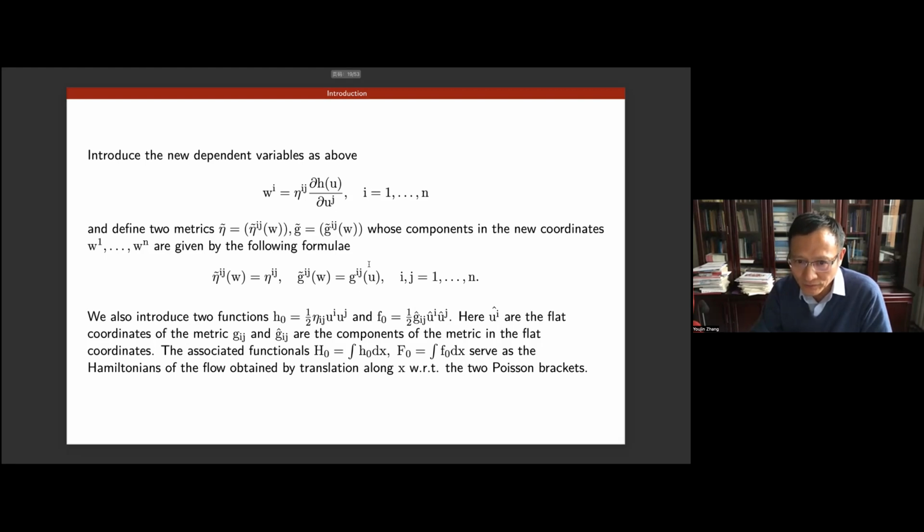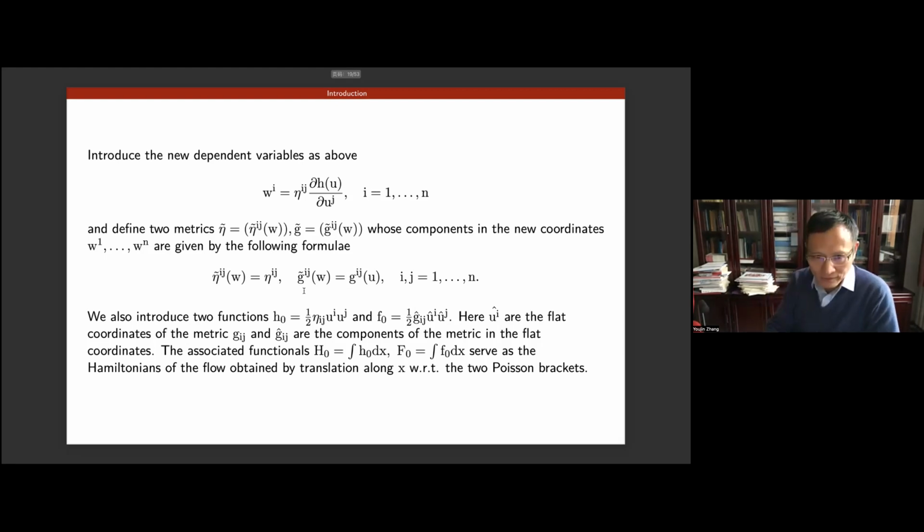So this original flat matrix g^{ij} is represented in terms of the unknown function u, and we define this new flat matrix g tilde^{ij} in terms of the new variable w. So we introduce two matrices A and G.